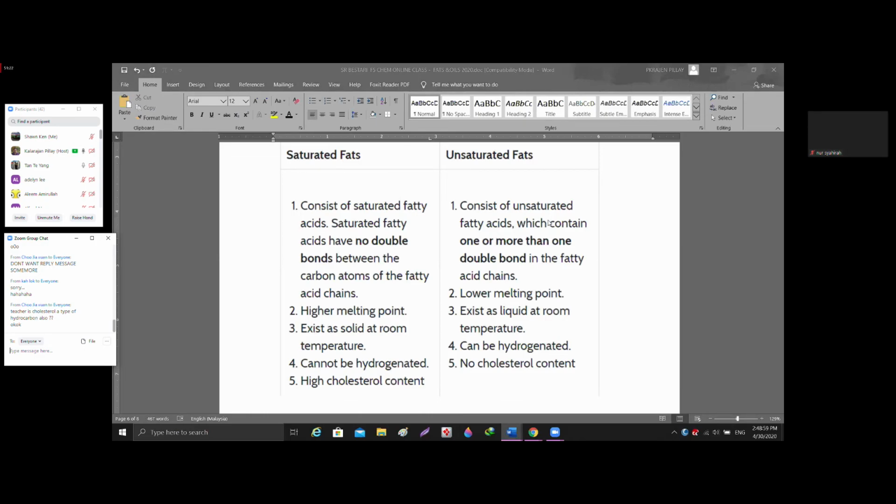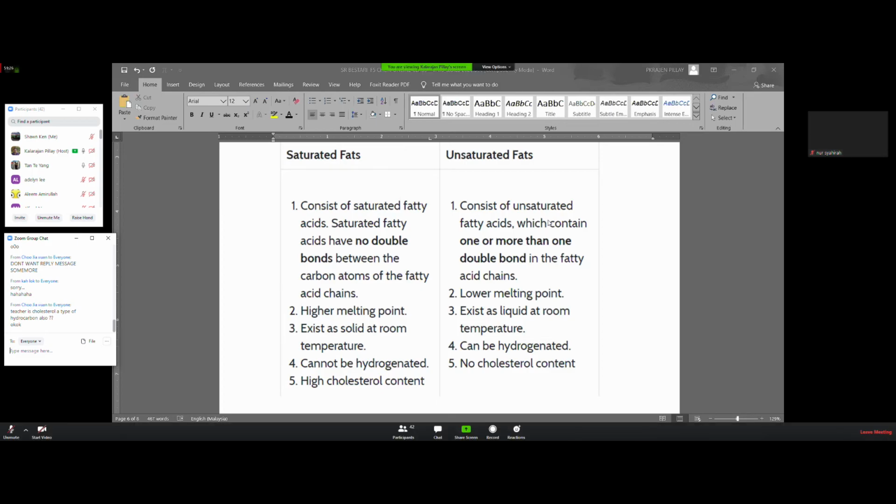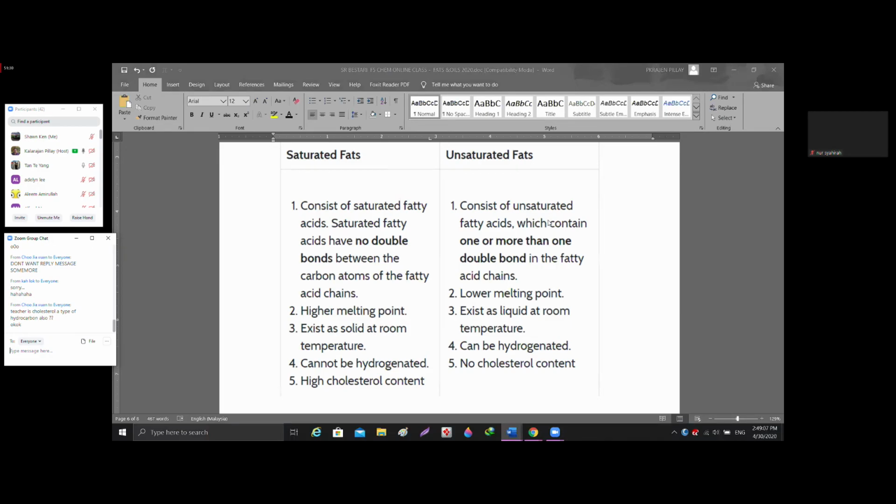Olive oil is a very healthy oil. If you go to any supermarket, it's expensive because they crush the olive and export it. Most of them do their cooking using olive oil, so they are very healthy people. They don't have any heart problems. They use a lot of olive oil, which is unsaturated.